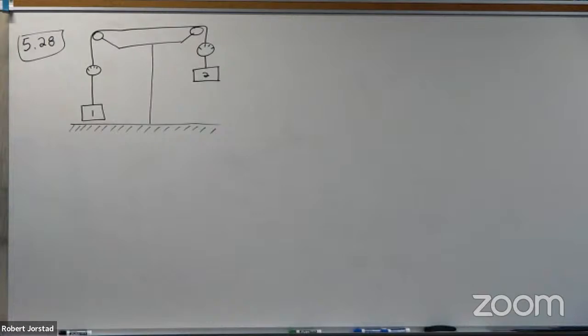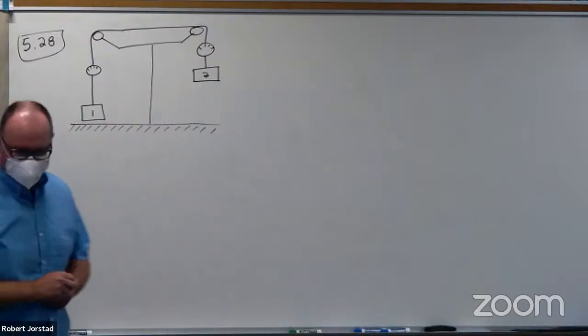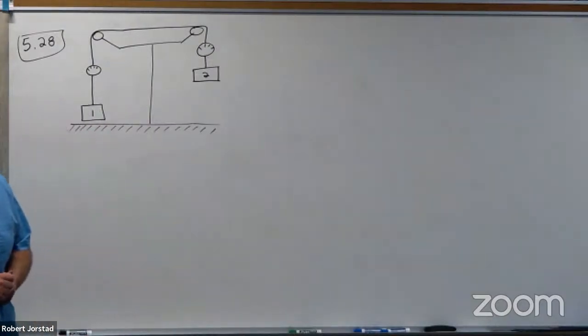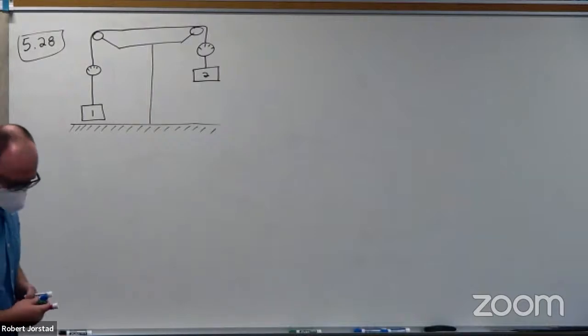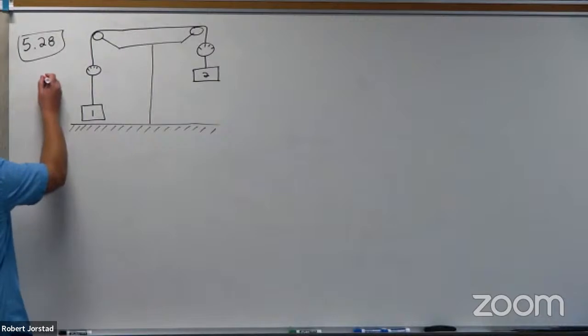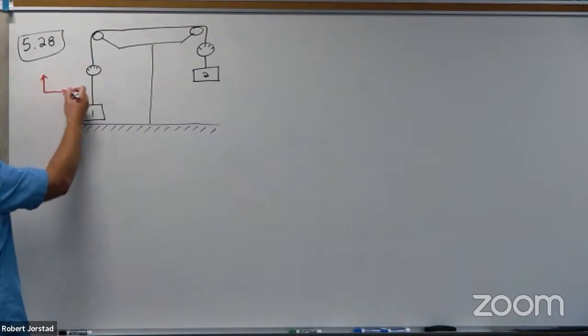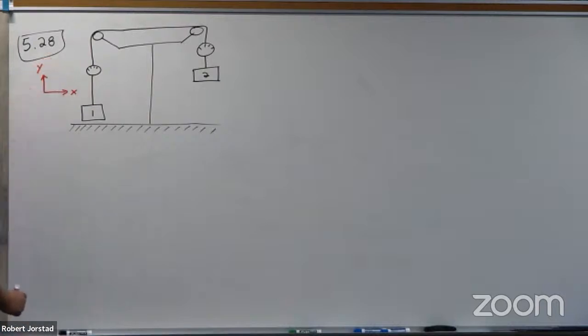Now I know almost everybody in here has done this in high school or in 110, but there's still a few things that I think are worth mentioning, especially because it may have been a while. In particular, this is how I like to do the problem. I'm going to say this is the x direction, this is the y direction.